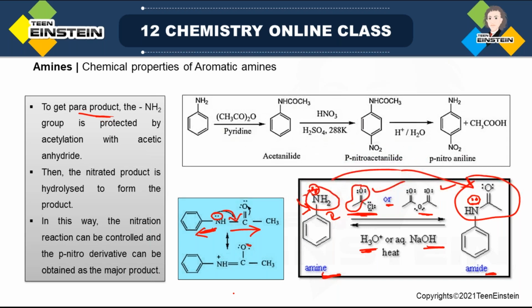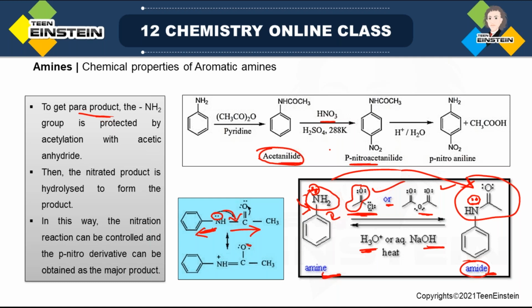The molecule that we get is basically an amide, where you have the NHCO group, but the actual name of this molecule is acetanilide. Now under this condition, if you use HNO3 H2SO4 mixture, which is the nitrating mixture, you will get para-nitroacetanilide.